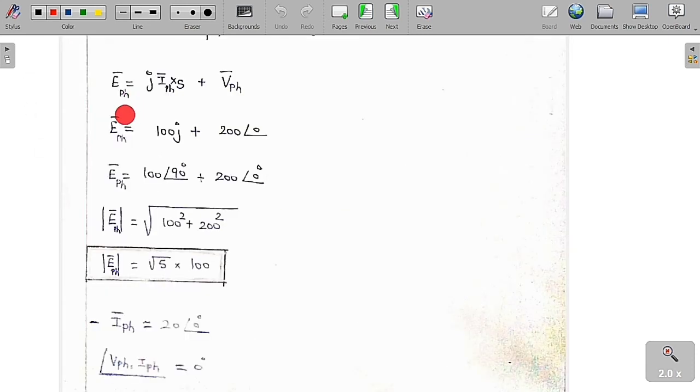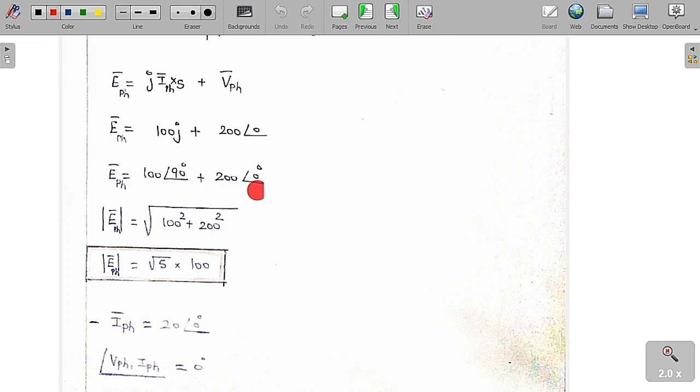Therefore, E phase is equal to V phase plus j I phase into XS. The I phase value we know is 20, and XS is given as 5. So E phase bar is equal to 100j plus V phase, which we assume is 200 at an angle of 0 degree, and this is 100 at an angle of 90 degree.